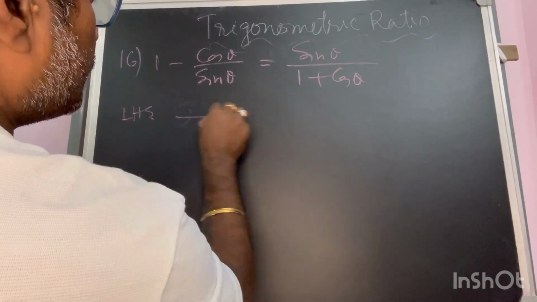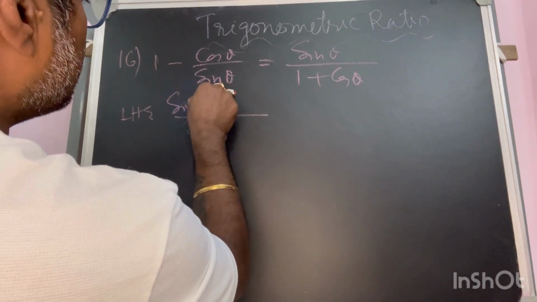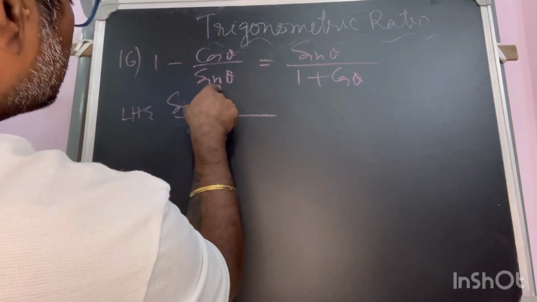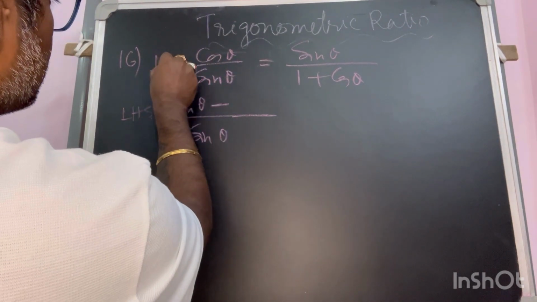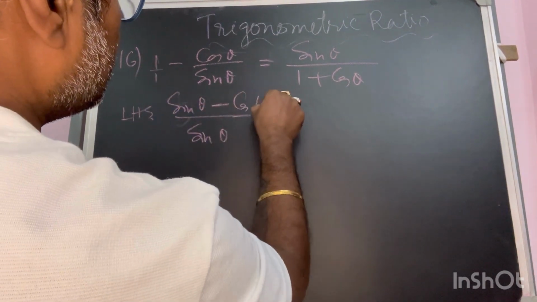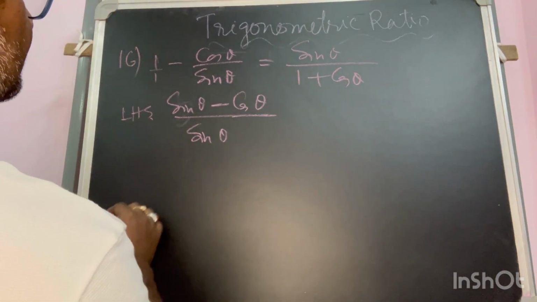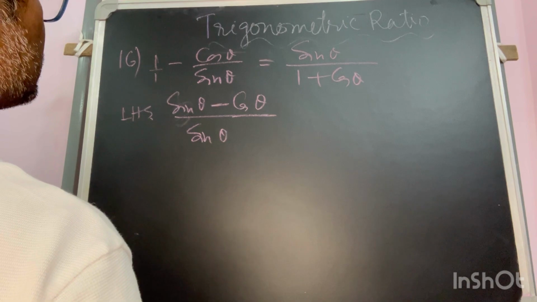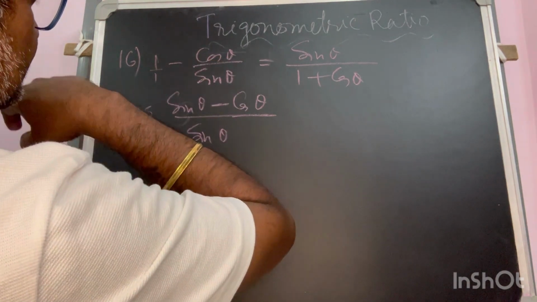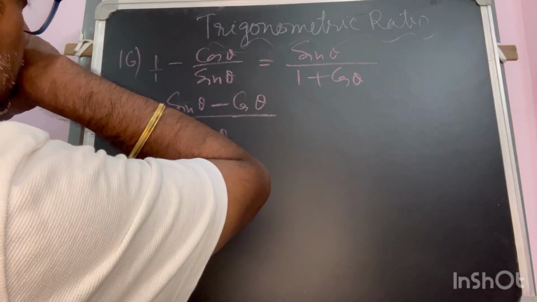If I write it like that, sin theta minus, if I do the LCM of this, because 1 by 1, so 1 and sin theta. Here I will get sin theta, here I will get cos theta. Or else how can I do it? Cot theta.